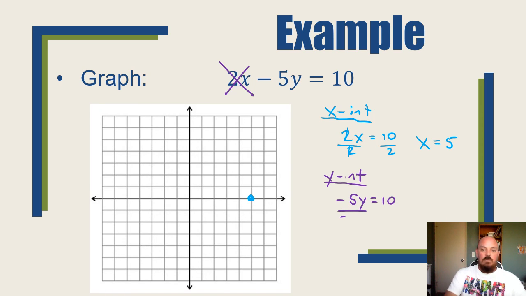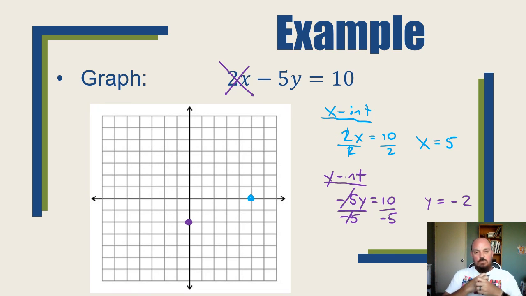Then you solve that one by dividing by negative 5. Negative 5 cancels with negative 5. Positive 10 divided by negative 5 is negative 2. And that's your y-intercept. So if the y-intercept is negative 2, you start back at the middle, you count down 2, and you mark a point.